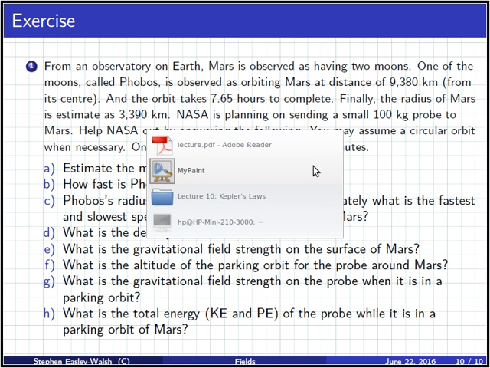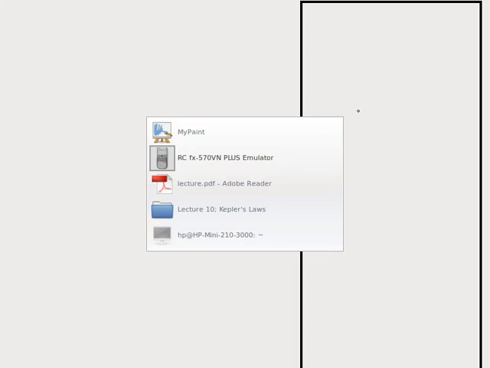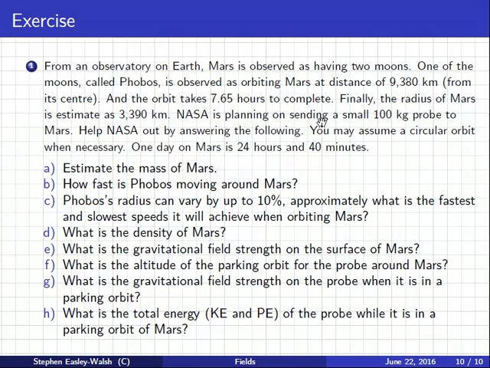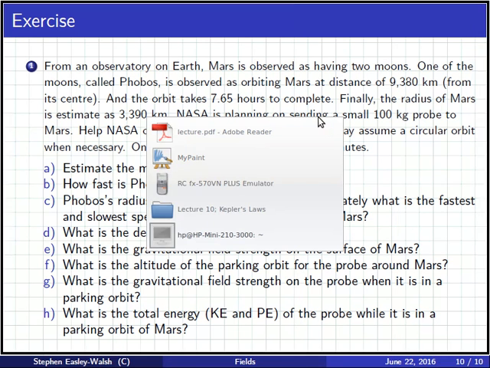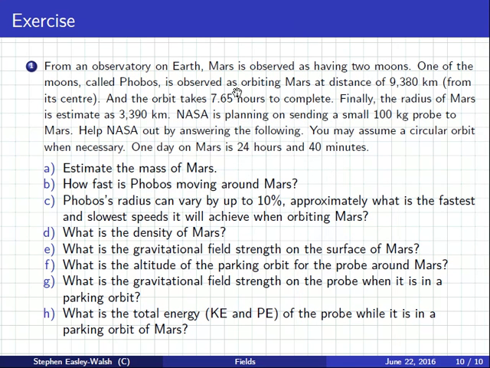Okay, and also what we need to know? The radius, yeah. Do we know that? One of the moons, called Phoebus, is observed as orbiting Mars at a distance of 9380. That's the r. Okay.